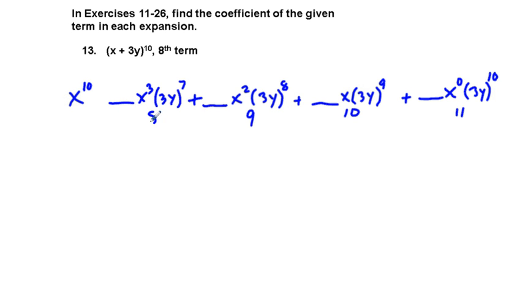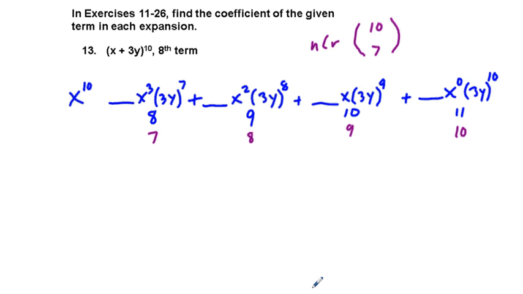So this is term 8, but when we go do the nCr, our nCr values, I'm going to put as 10. It's going to be one less: 9, 8, 7. So in our nCr, we have to use our 10 for our n, and our r value is going to be 7.